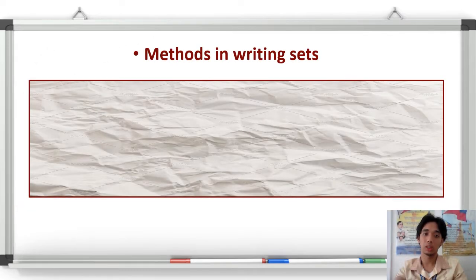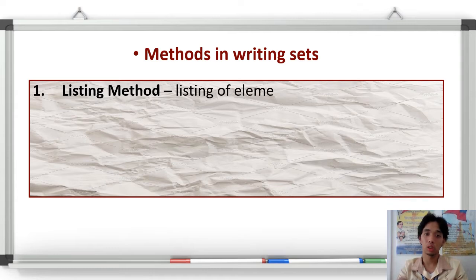Those two that we discussed are the two methods in writing sets. We have the listing method, in which we list down the elements of the set. It is also called the roster method.